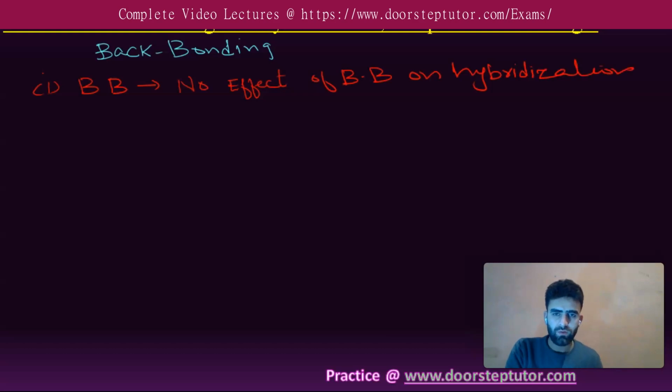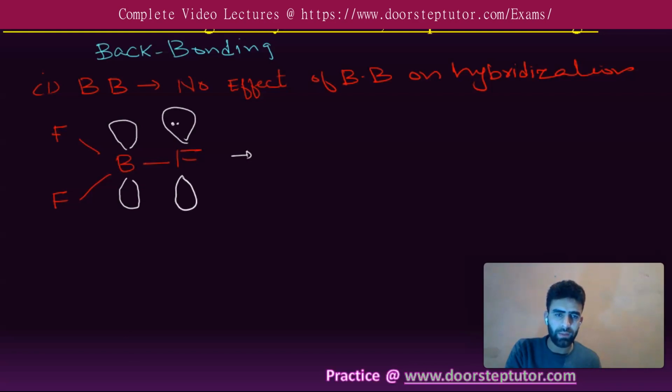So suppose we have this molecule, BF3 molecule. Now as we know, back bonding will occur because here we have an empty orbital on boron and we also have lone pairs on fluorine. So there will be back bonding. Initially it will have sp2 hybridization.